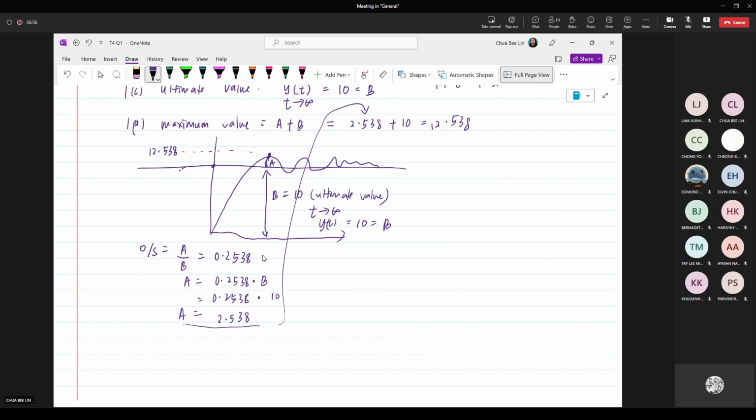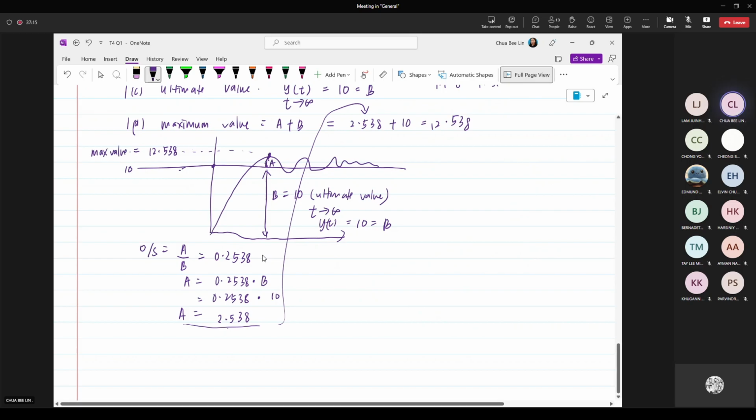Here is 10. That's why you get your A answer is 2.538. When you have 12.538 minus 10, this will be the gap, which is the peak of the A. Then you get this 2.538. So you are having this maximum value as 12.538.